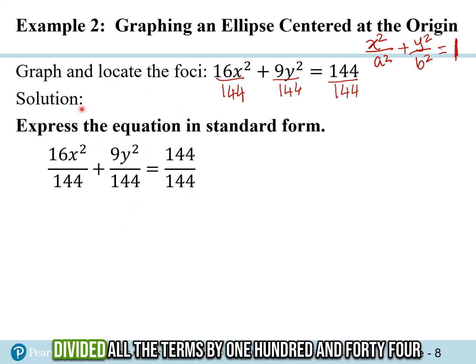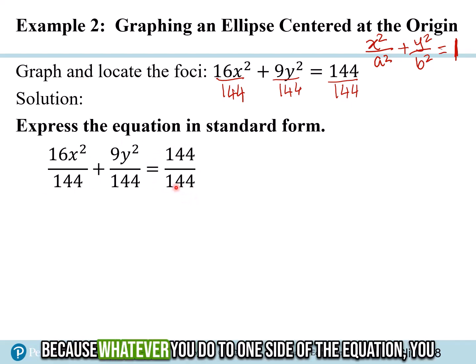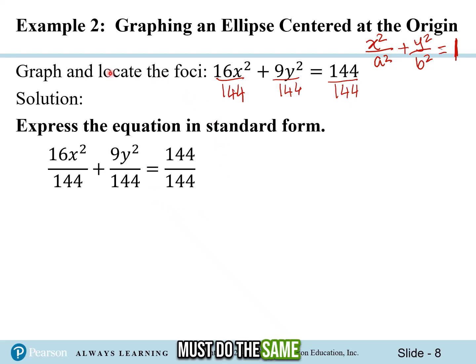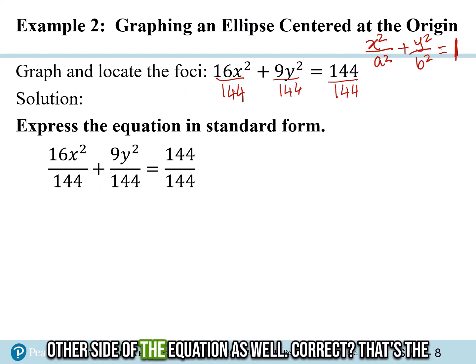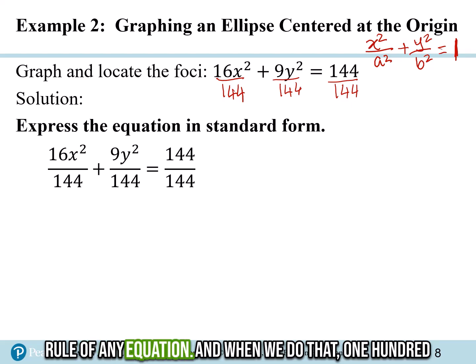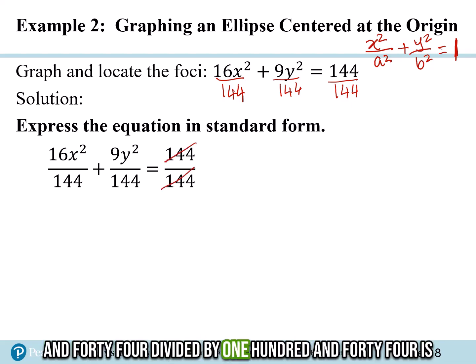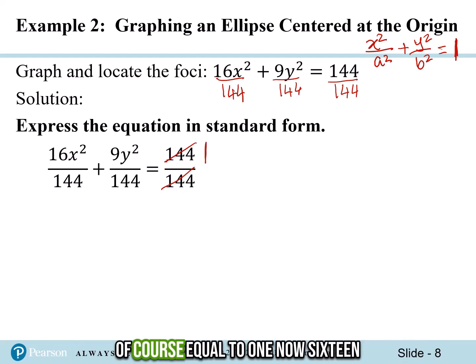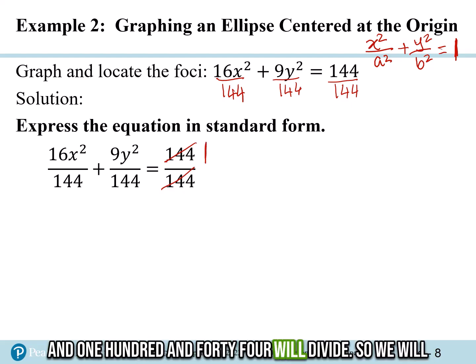They have divided all the terms by 144, because whatever you do to one side of the equation, you must do the same to the other side of the equation as well, correct? That's the rule of any equation. And when we do that, 144 divided by 144 is of course equal to 1. Now 16 and 144 will divide.